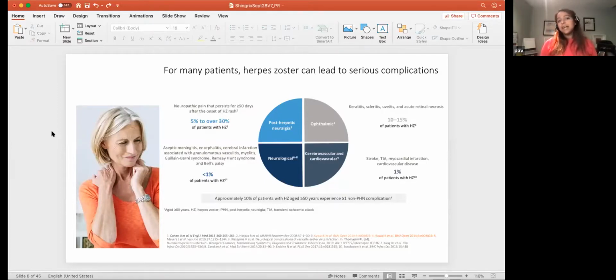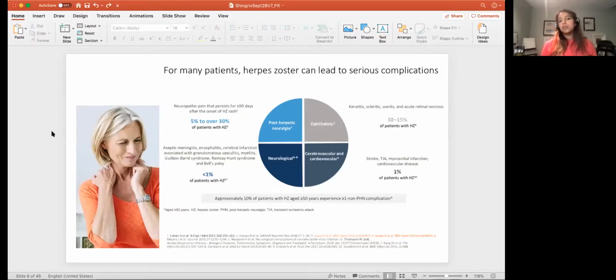So about 1 in 10 people who end up with shingles will suffer a form of PHN, but that's not the only complication that comes along with shingles. You can also have ophthalmic complications that studies have shown about 10 to 15% end up experiencing. You could have cerebrovascular as well as cardiovascular complications that approximately 1% of patients end up experiencing.